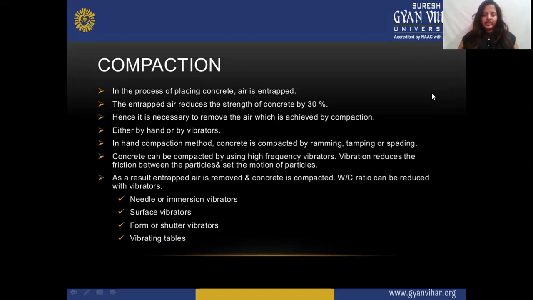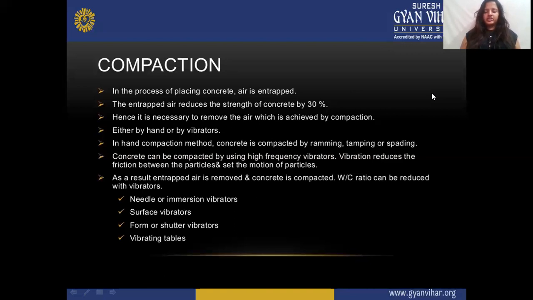So removal of air is usually done using compaction. Compaction can be done in many ways. Either it can be done by hand or by vibrators. By hand, it means that a plunging agent is used wherein the concrete is plunged around 20 to 25 times at each area, and it can also be plunged by a plain flat plunger, or it is done by a vibrator.